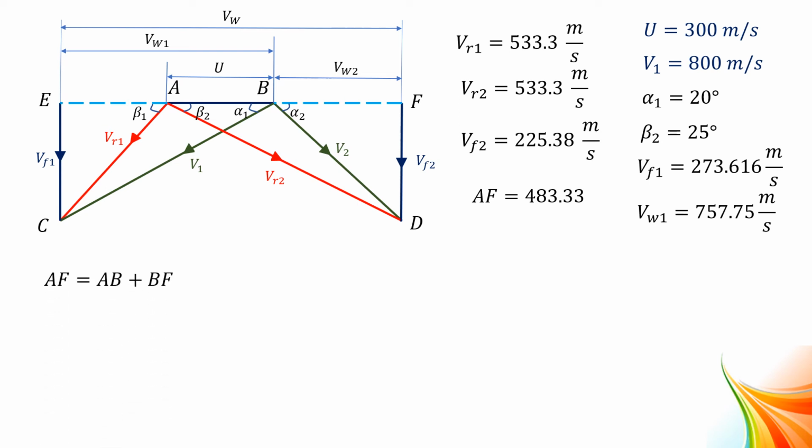Now from the velocity triangle, AF equal to AB plus BF, AF equal to U plus VW2.